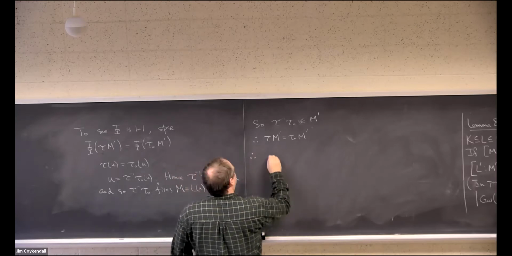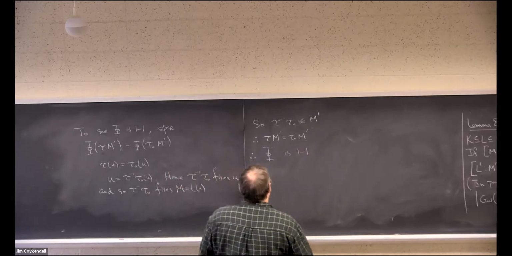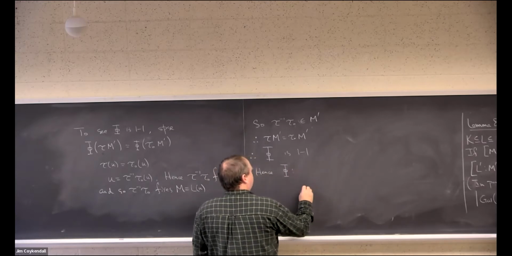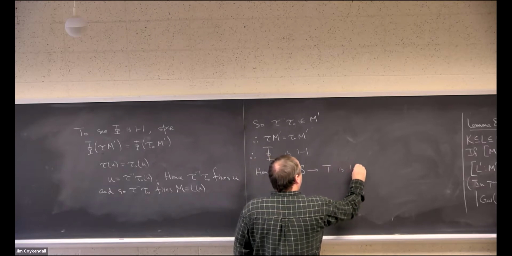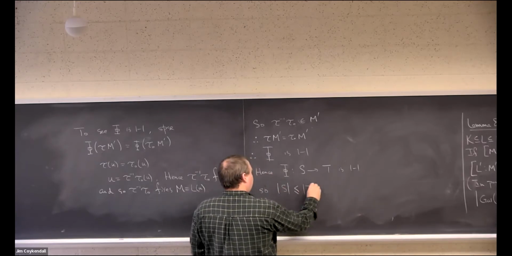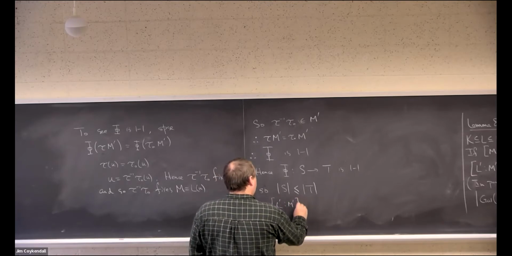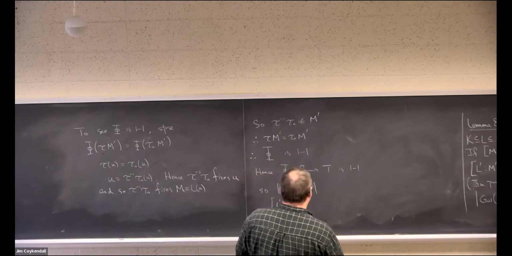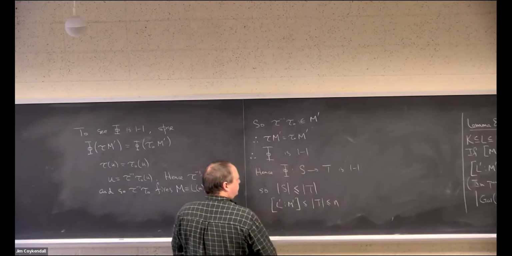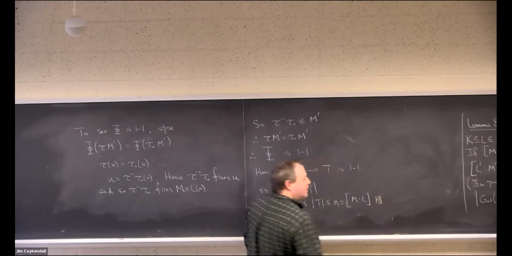Hence, we have a one-to-one map from S to T. So the cardinality of S is less than or equal to the cardinality of T. The cardinality of S is the index of L prime in M prime, less than or equal to the degree. So that does it for us for this week.